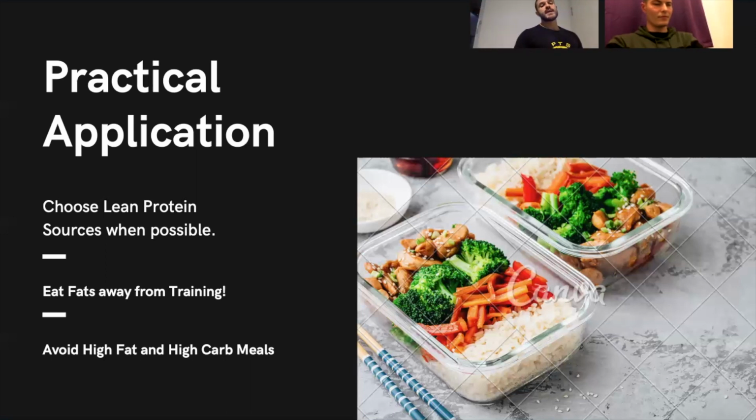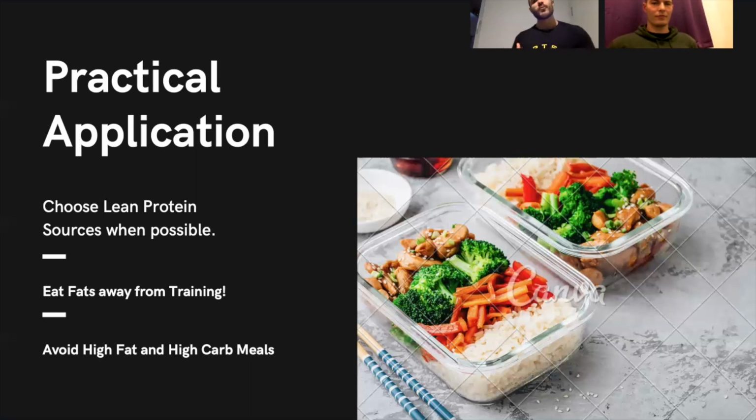And then what I say there at the bottom is avoid high fat and high carb meals. And if you look at this, it's very interesting, because normally the best treat foods that we know, like cakes, or French fries, or chips, are basically carbs from potatoes, fried, so with fats.